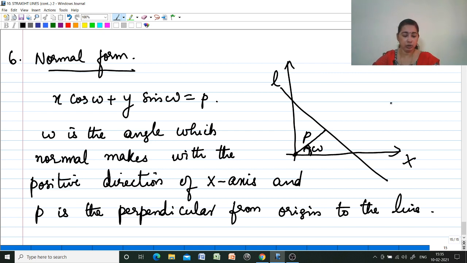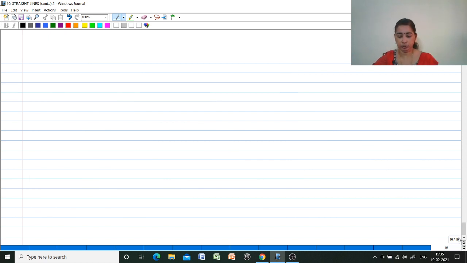You have to keep all these in mind while doing the problems, because for each question different equations will be used. So all the equations are very important. We'll move on to exercise 10.2. First question is, write the equations for the x and y axes.